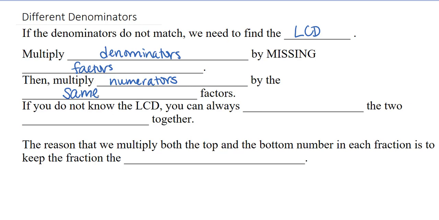And if we do not know the least common denominator, which we call the LCD, you can always multiply the two denominators together. And the reason that we multiply the top and the bottom number in each fraction is to keep the fraction the same value.